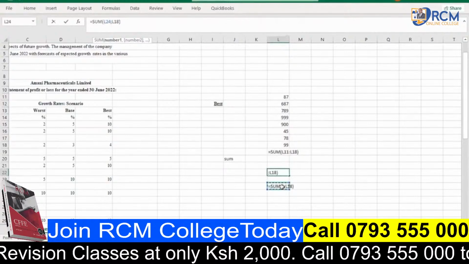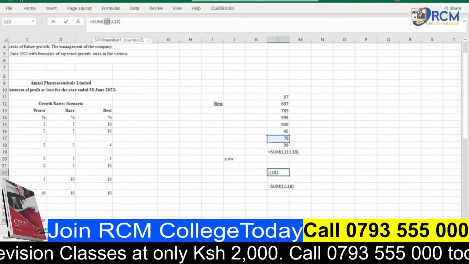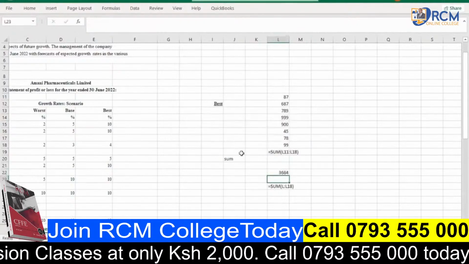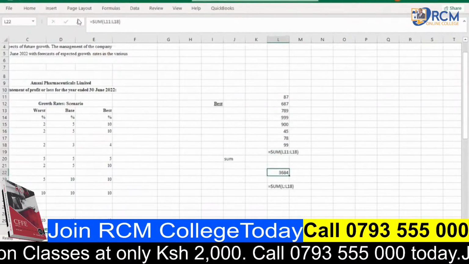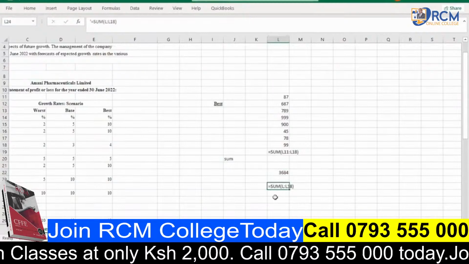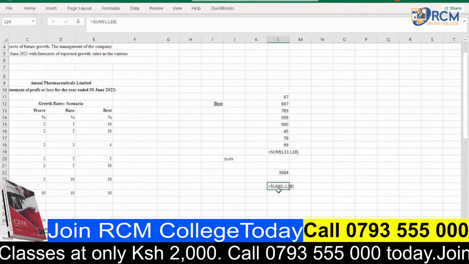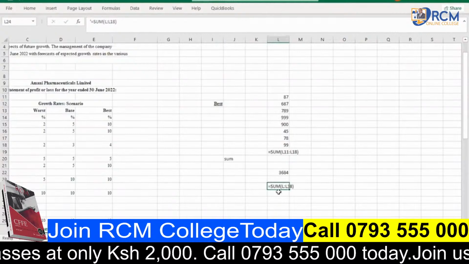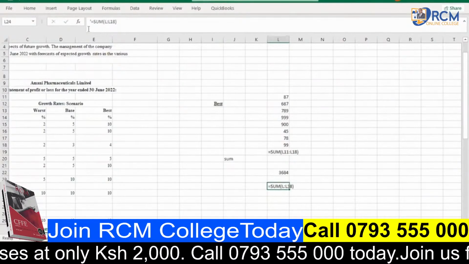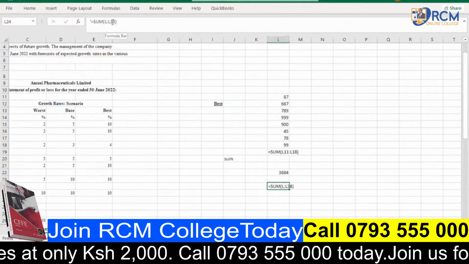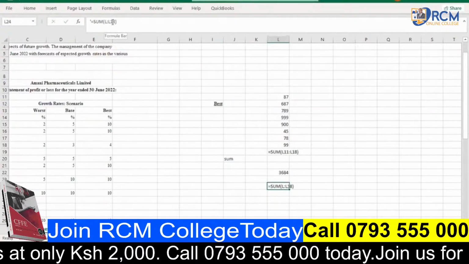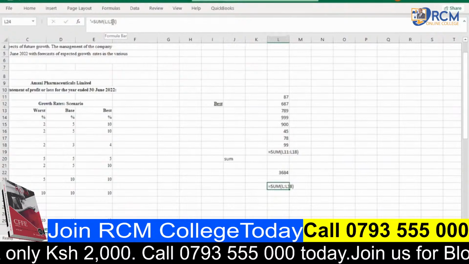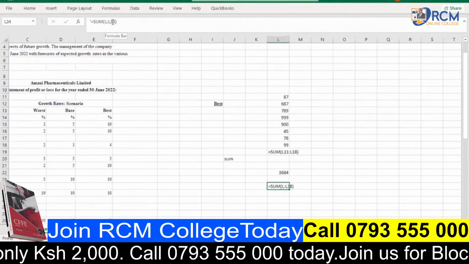If I come to this part here, so if I correct it, it takes me to this other formula. See what is now given to me. Section A is multiple choice.